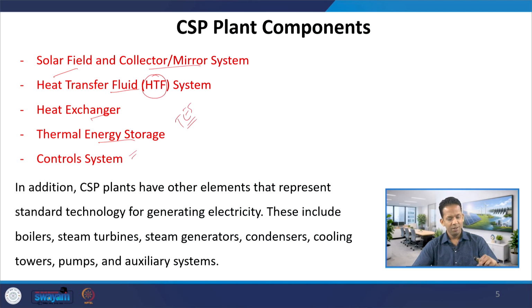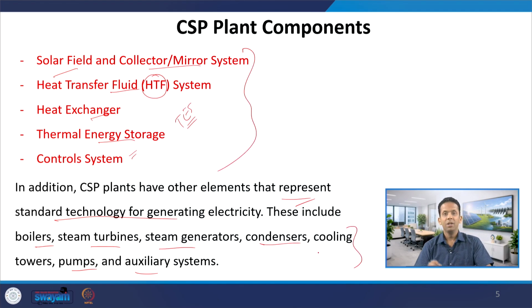But in addition, these are the components related with solar thermal, but actual solar thermal power plants will have other elements also that represent standard technology for generating electricity, and they will include boilers, steam turbine, steam generator, condensers, cooling towers, pumps and auxiliary systems, because this part represents the solar thermal part and these parts would represent the actual traditional power plant which is steam based. Okay. So those are the components of a concentrated solar power plant.